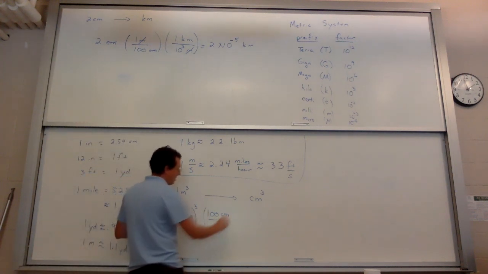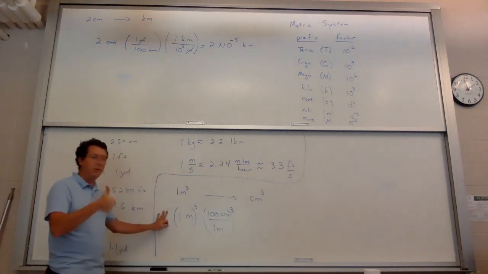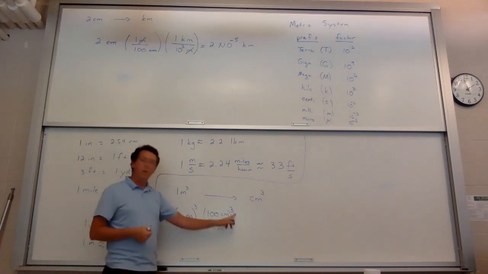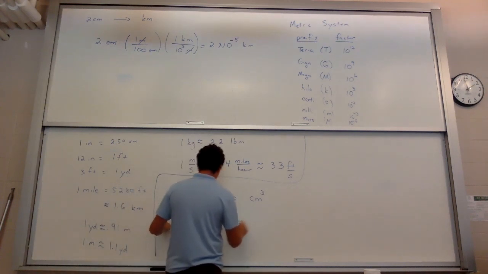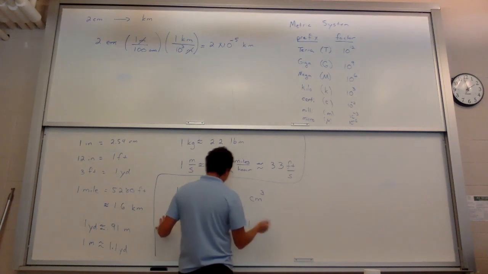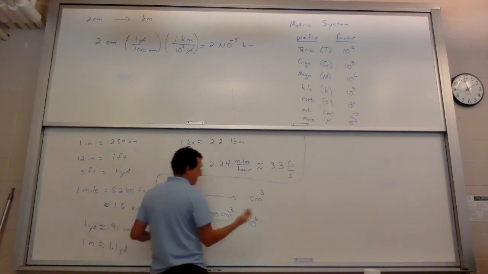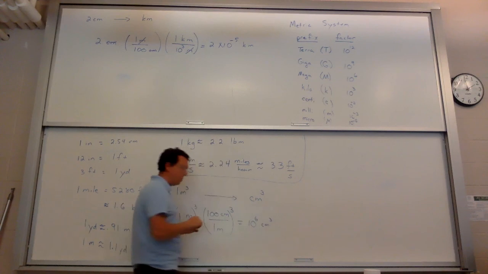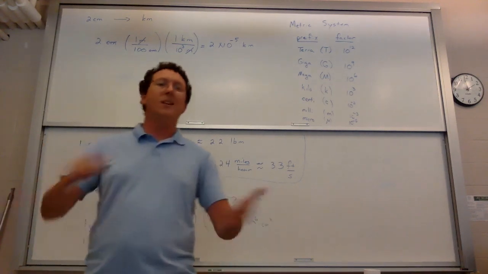But if I do this three times, then I'm good. For every power of the unit that's here, you have to have a separate conversion factor. And that's it. So the answer is really 10 to the 6. 100 times 100 times 100 is 10 to the 6. It's 1,000,000 centimeters cubed. It turns out in half a refrigerator, you can put 1,000,000 sugar cubes, assuming no gaps and things like that.